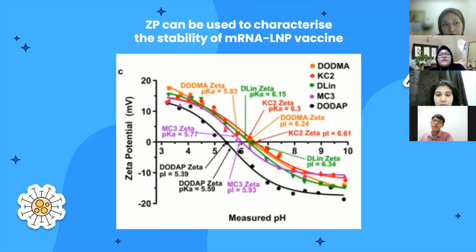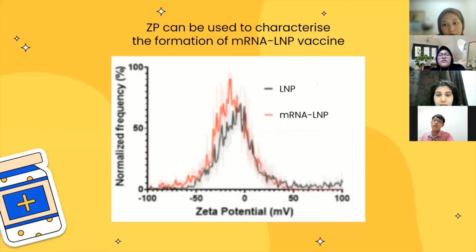And next, zeta potential can also be used to characterize the formation of mRNA lipid nanoparticle vaccine. For example, here the black one is only the lipid nanoparticle, and the red one is the lipid nanoparticle that has the mRNA.